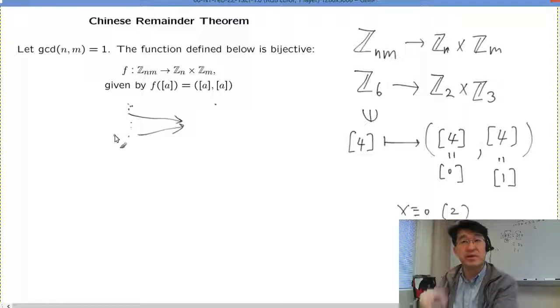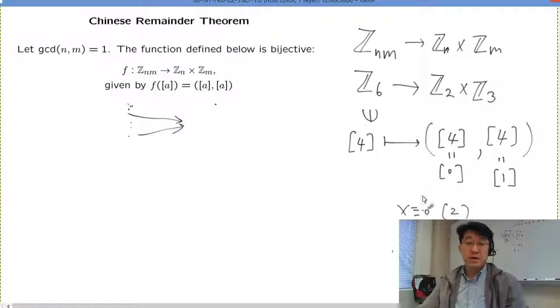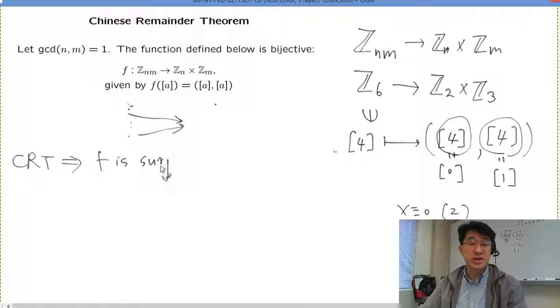So how does the Chinese remainder theorem go? First, you look at these congruence classes, right? Different congruence classes, like 2. That corresponds to 1 element in here and 1 element there, right? And it says there is a solution there. So which one is it? It's surjectivity. The Chinese remainder theorem proves that F is surjective, right?